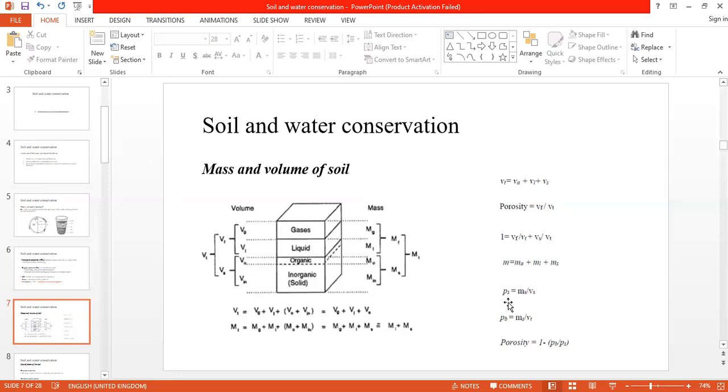For the solid phase, there are two parameters that we usually use: particle density and bulk density.